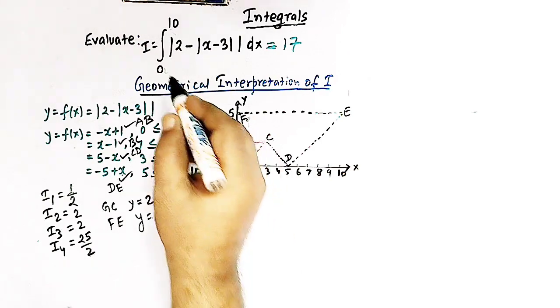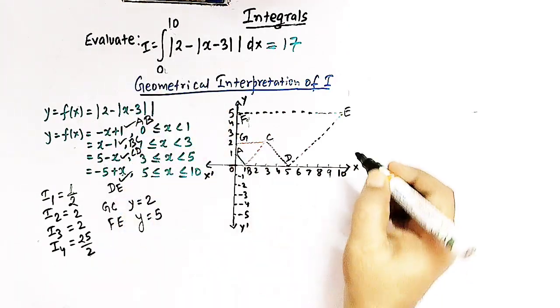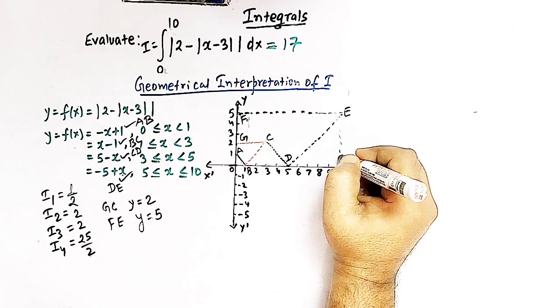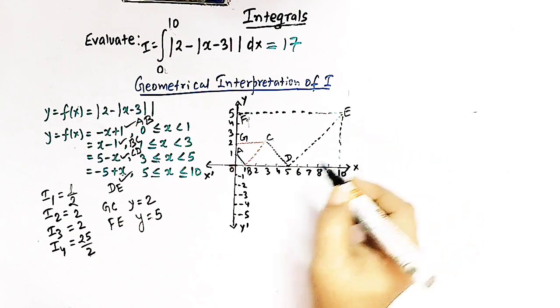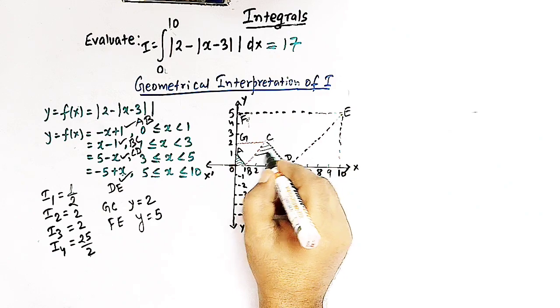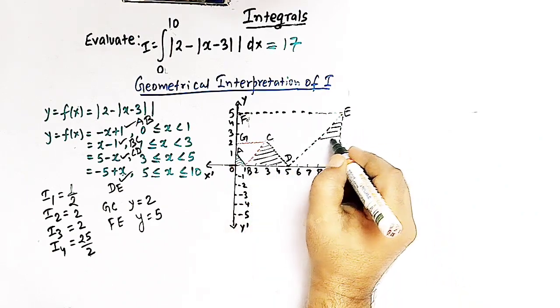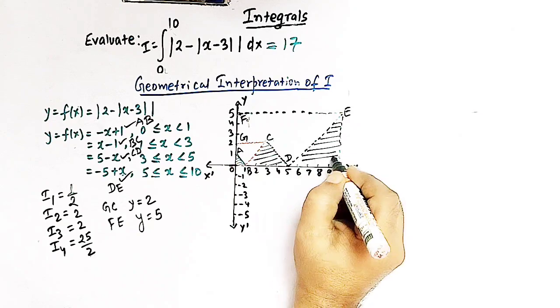So now the area bounded by this integral I is given by this region, that is the area of this triangle, the area of this triangle, and the area of this triangle, right?